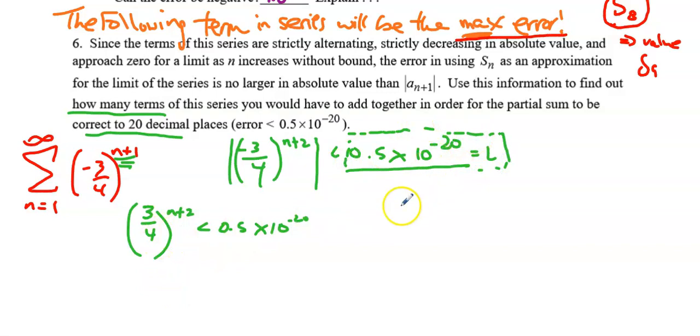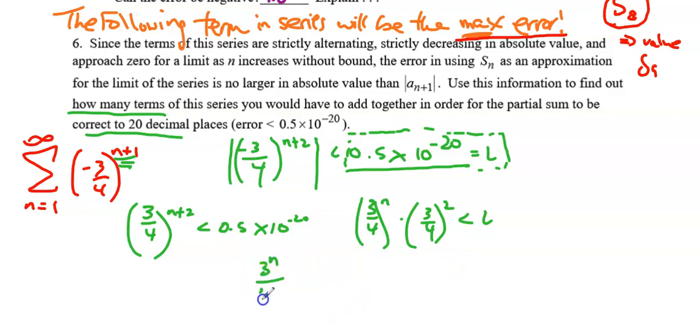Okay? So if I do that now, I can rewrite this as 3 to the n times this 3/4 squared, and that has to be less than L. All right? And so I'm going to have 3 to the n over 4 to the n. And then what I can do here is multiply by 9/16.